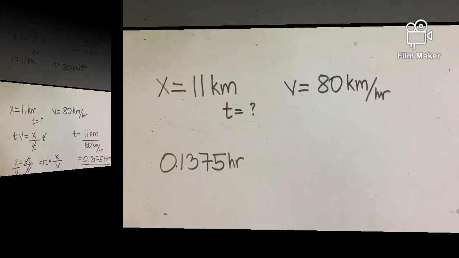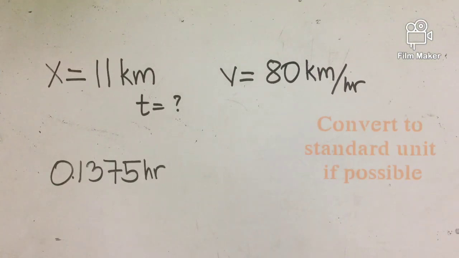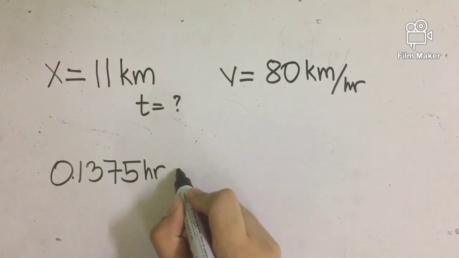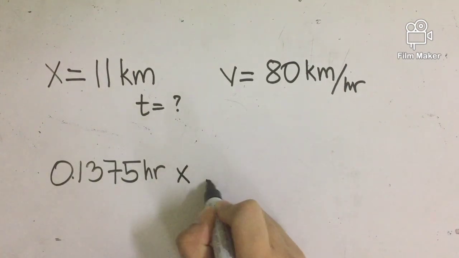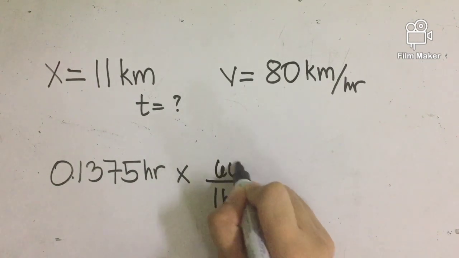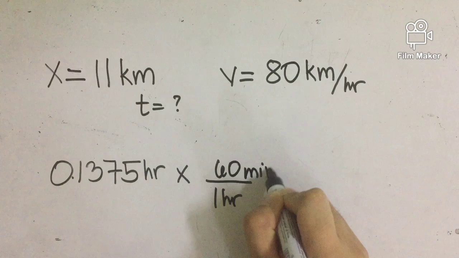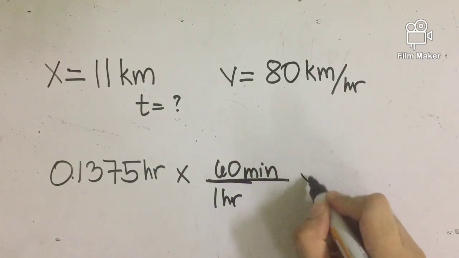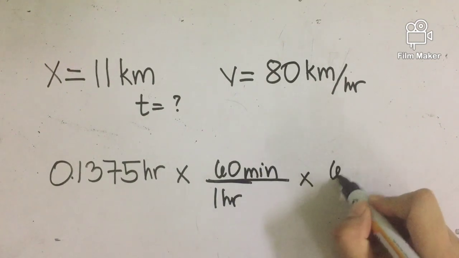To transform this value of 0.1375 hours into seconds, we just convert it from hours to seconds. We know that every 1 hour is equivalent to 60 minutes, and every minute is equal to 60 seconds.